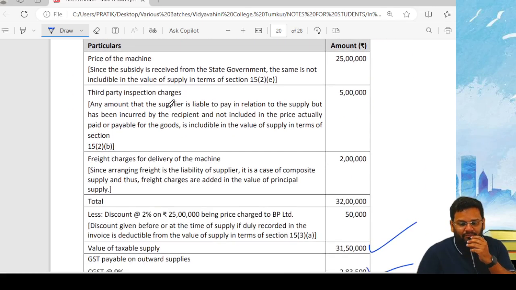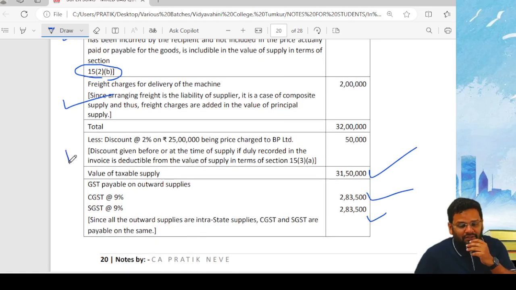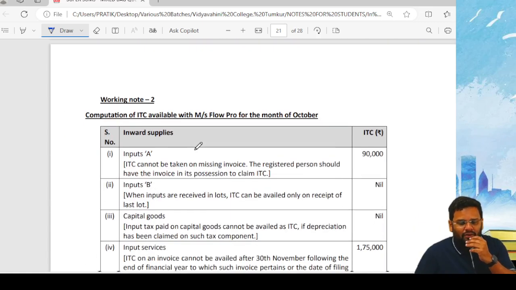Second is the subsidies note. Third is the note of 15.2b, expense incurred by the recipient of supply on behalf of the supplier. Next is the note for incidental expenses, 15.2c. Next is the note for 15.3 discount.